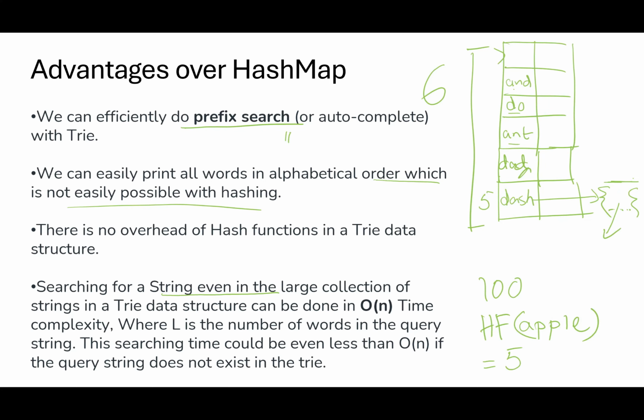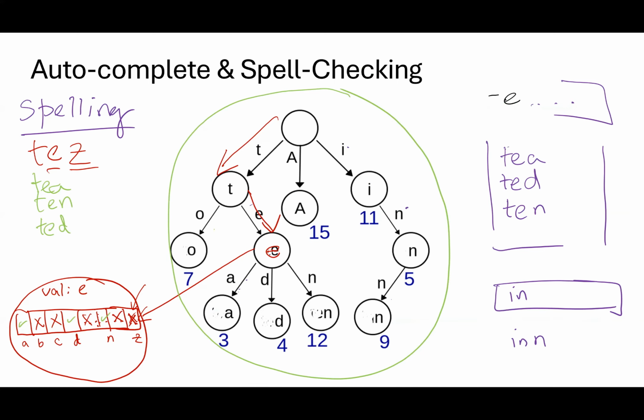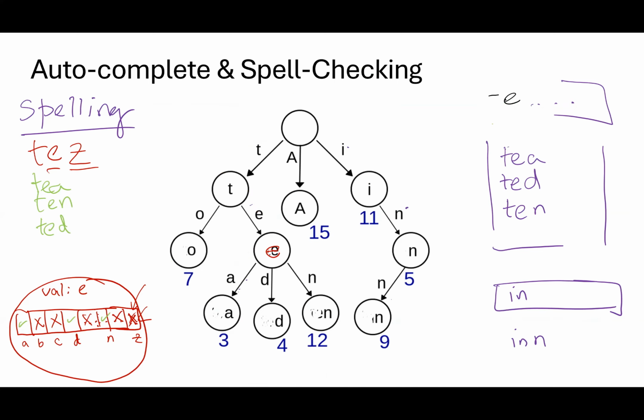But if you are putting words in a trie, look at this trie, right? Whatever it is, no matter how many words you put, all you need to do is go through just one path, just the number of characters, right?